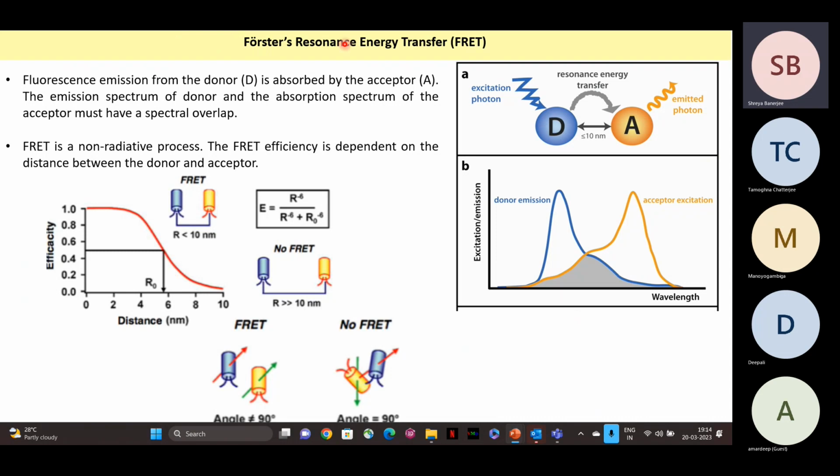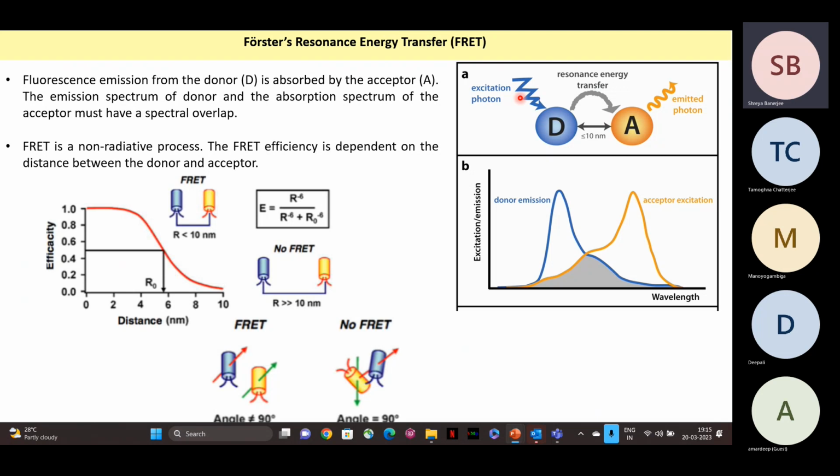Next, we will go into Forster's resonance energy transfer, or FRET. So fluorescence emission from donor D. Suppose you have a photon which is exciting the donor D molecule to an excited state. Then donor D is emitting an energy that is absorbed by the acceptor A. So the emission spectrum of the donor and the absorption spectrum of the acceptor must overlap.